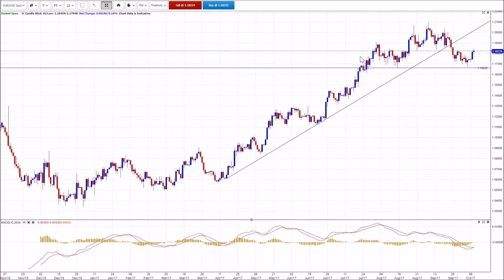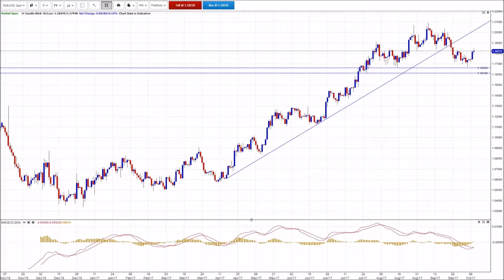So for example, just before the market sort of legged its way up to the 121 mark, 116.60 was a low, and then a little bit before that, that was the low there, 116. So this whole 116 to 116.50 area has proved to be, yet again, a good level of support for euro dollar.